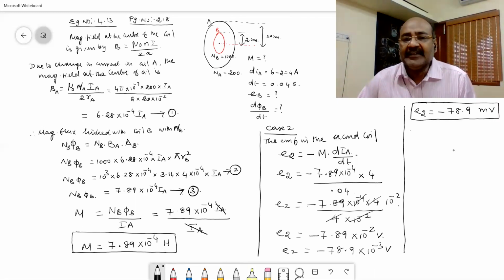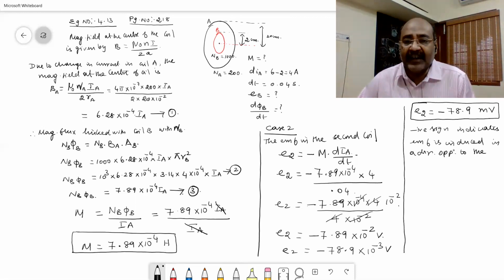See here, the negative sign indicates that EMF is induced in a direction opposite to the direction in which flux changes.